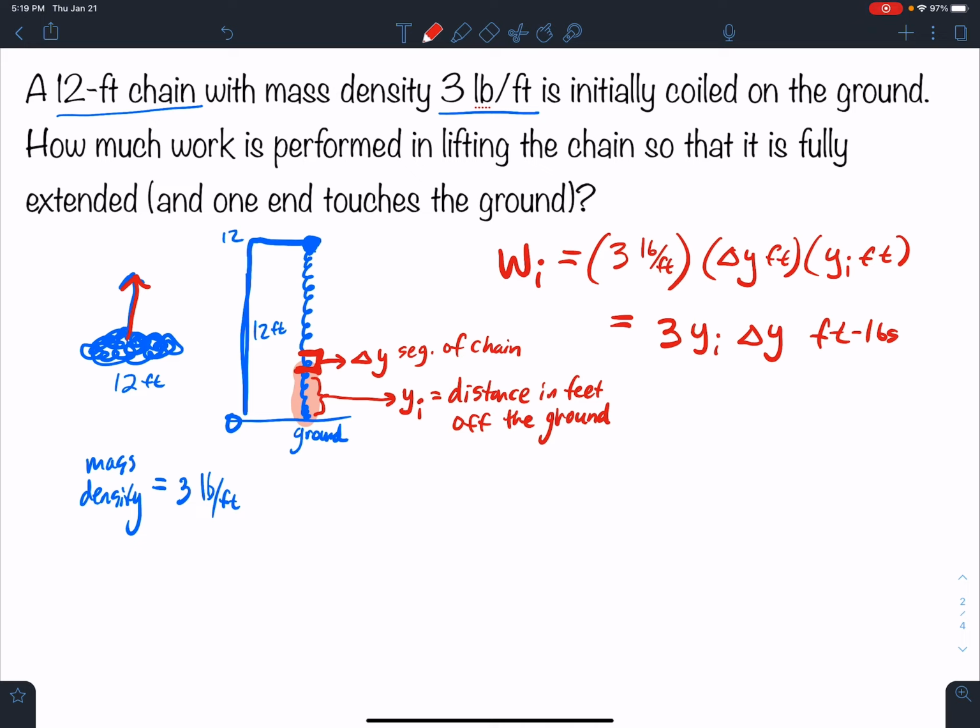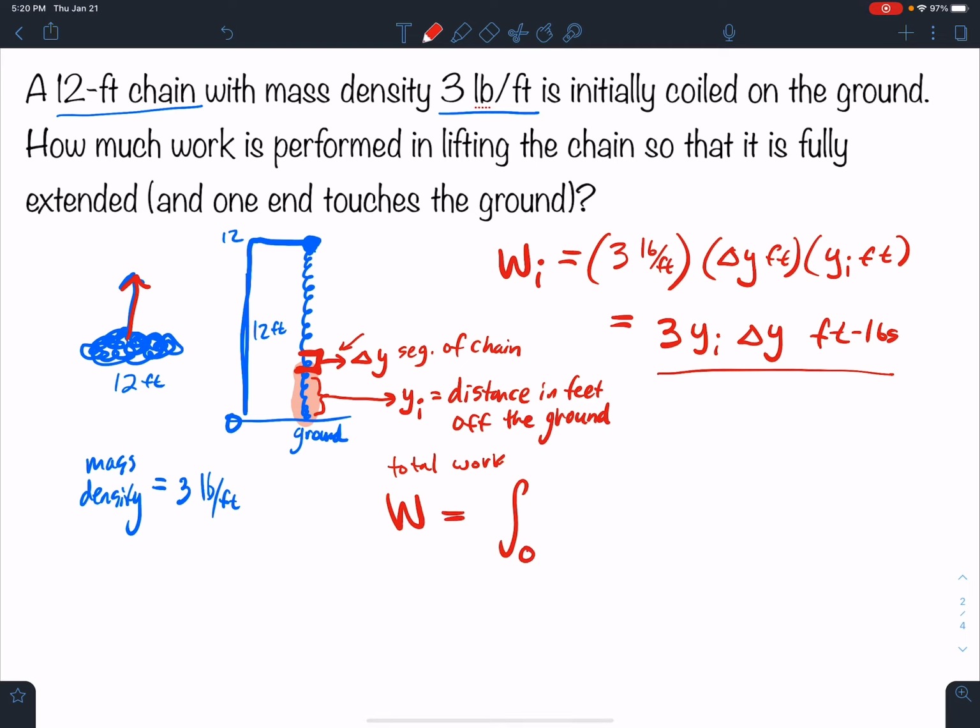So now what am I going to do? The work needed to extend this chain fully is represented by this for each arbitrary segment. So in order to find the total work, I need to integrate the segments from 0 up to 12 feet above the ground. So what is this equal to?